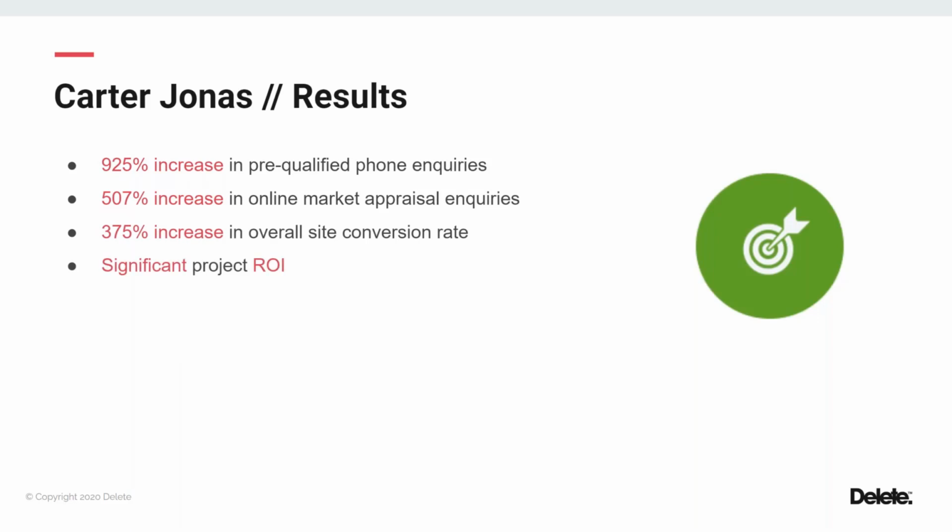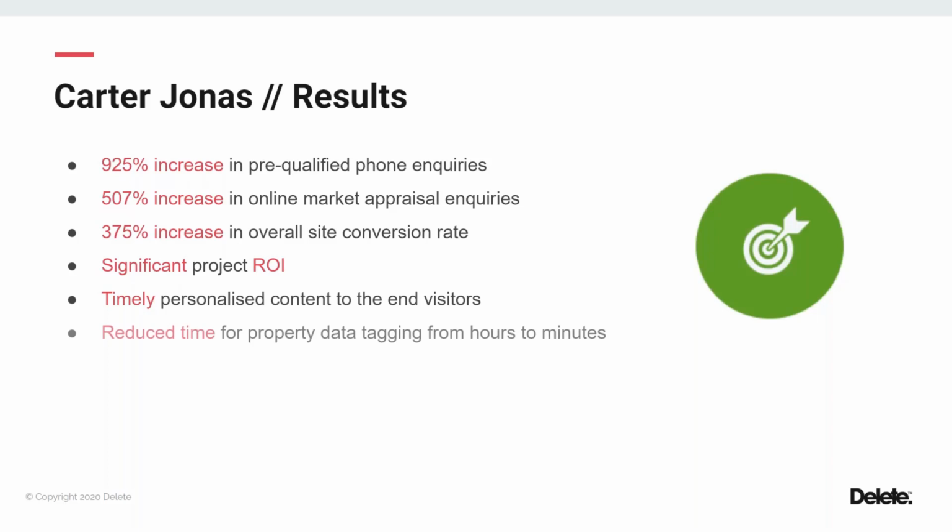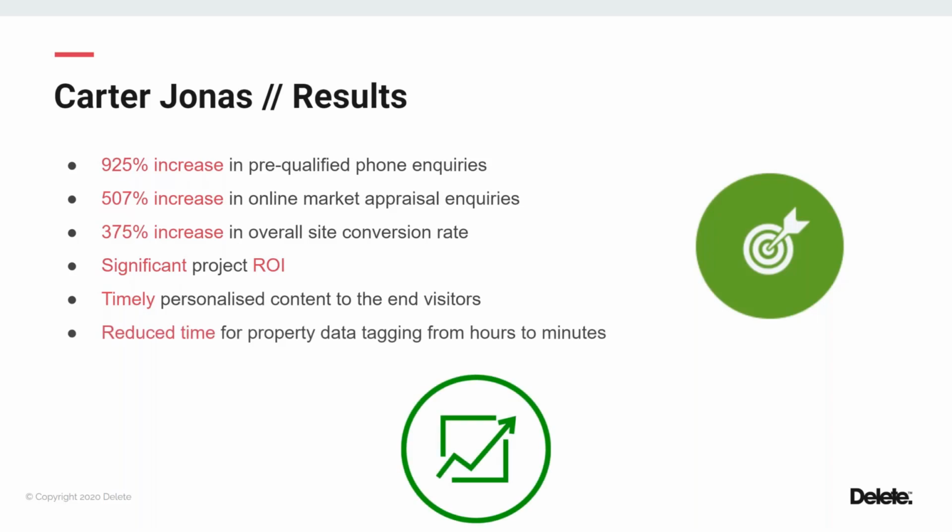And these high figures are just telling themselves about significant project return on investment. We also could deliver timely personalized content to the end visitors. And finally, we could reduce time for property data tagging from hours to minutes. So you remember that a high volume of properties were imported every day.